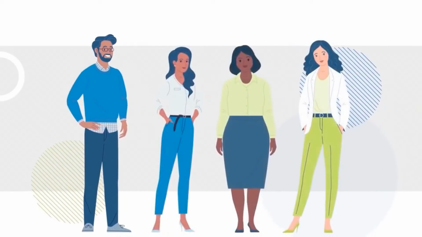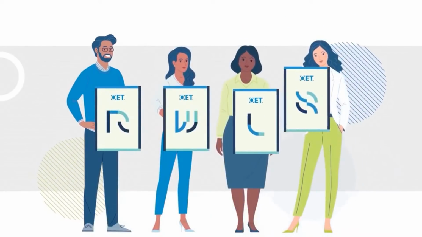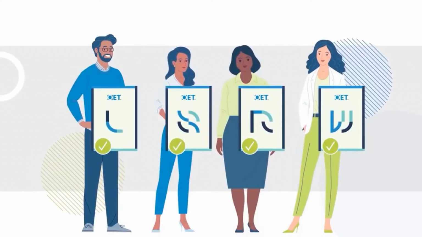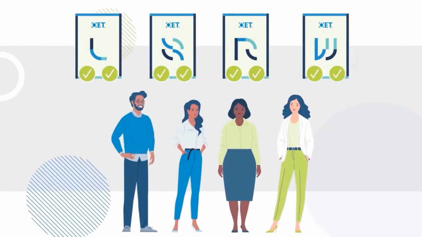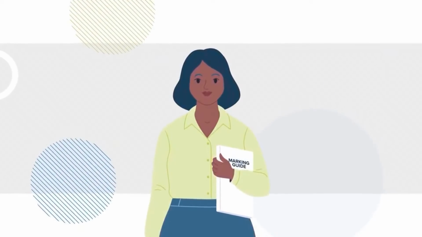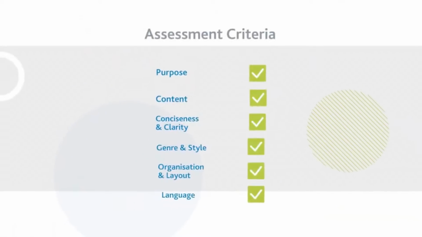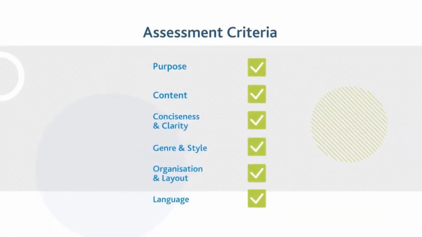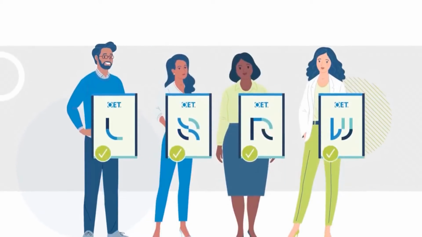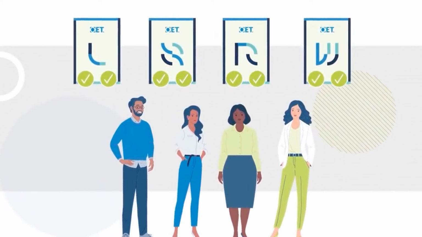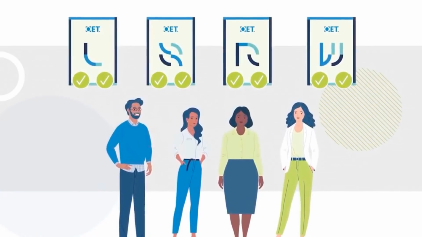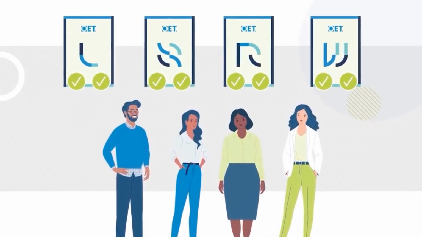To make sure everything is fair, Priya's answers are randomly assigned to and double-marked by at least 2 assessors. To ensure consistency and reliability, they use a marking guide and assessment criteria for different parts of the test. Both the criteria and marking guides reflect the types of communication Priya will undertake in an English-speaking environment.